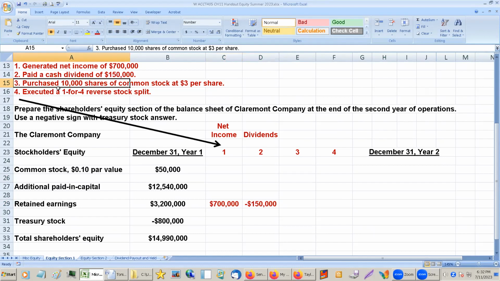Purchase 10,000 shares of common stock at $3 a share.